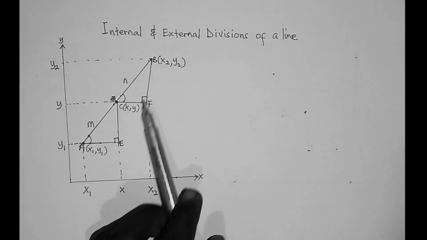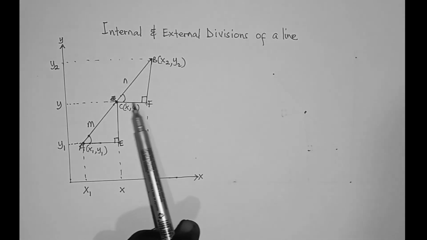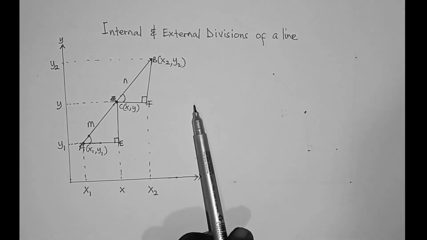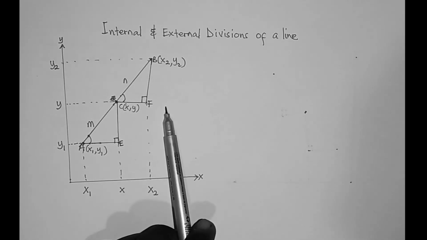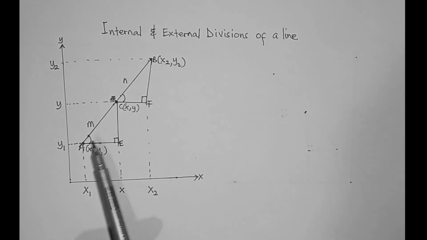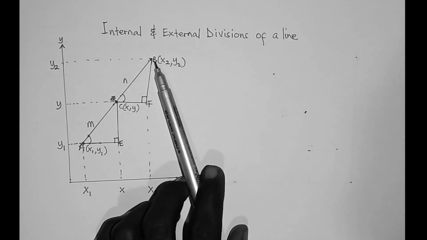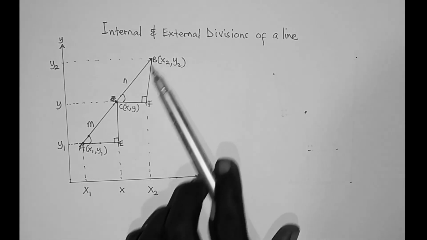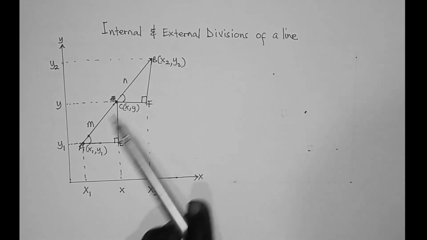So they have their lengths in proportion. And because they are similar, it means that the corresponding lengths are also in proportion. So this means that this length AE corresponds to the length CF. And then this length, which is CE, corresponds to the length BF. And this length, which is CA, corresponds to the length CB.